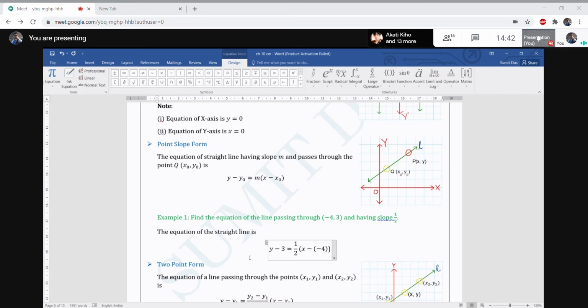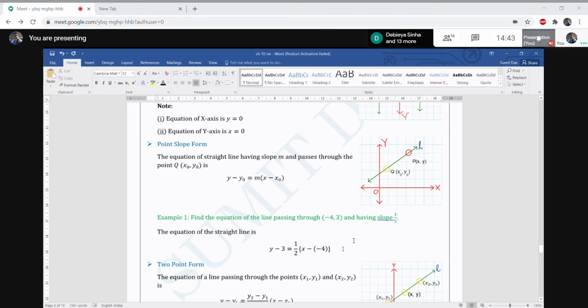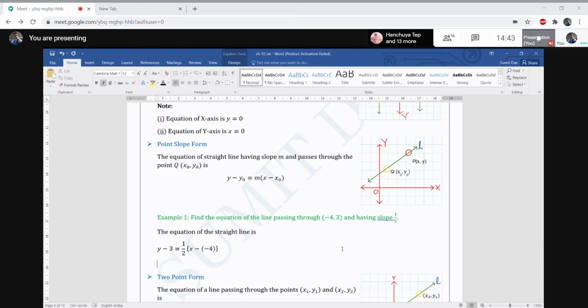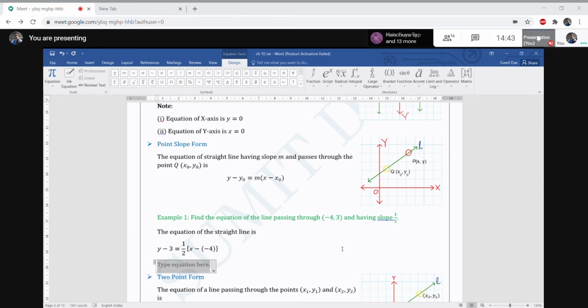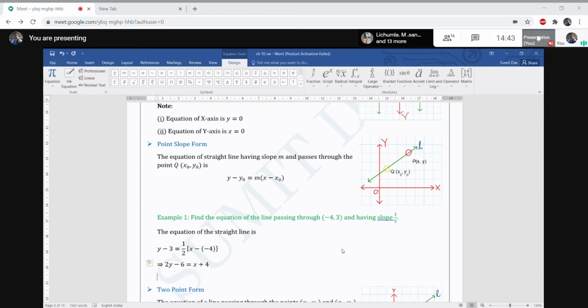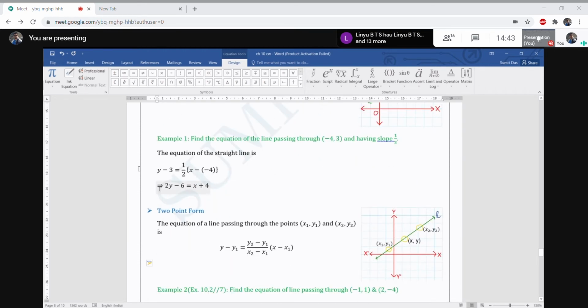If you simplify this one, it will be 2y minus 6 equal to x plus 4. Always write the equation of a straight line in the correct way.